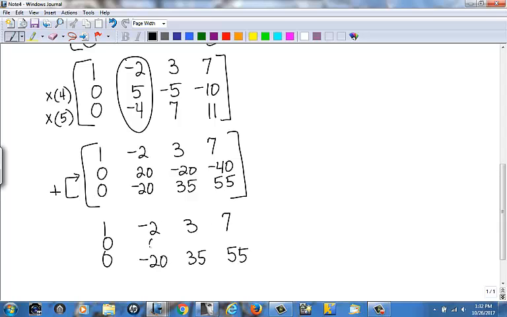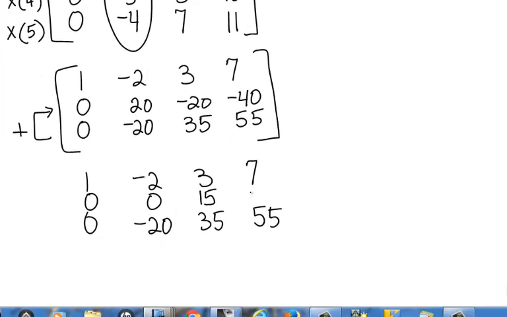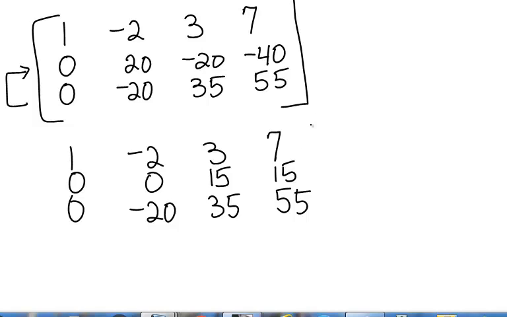Negative 20 and 20 is 0. 35 and negative 20, 15. 55 and negative 40, 15, right?